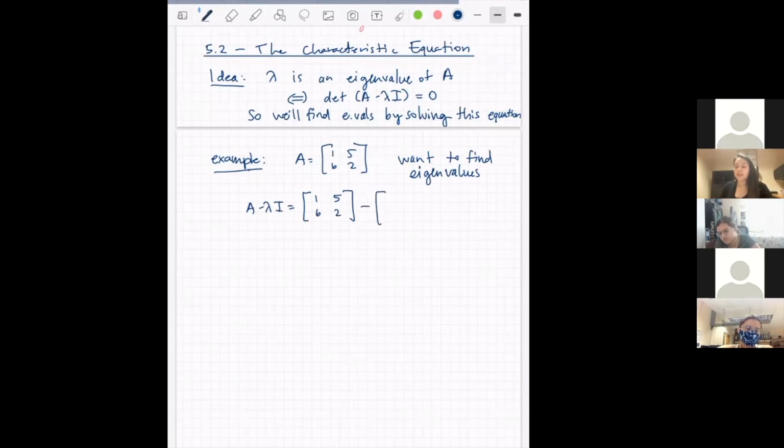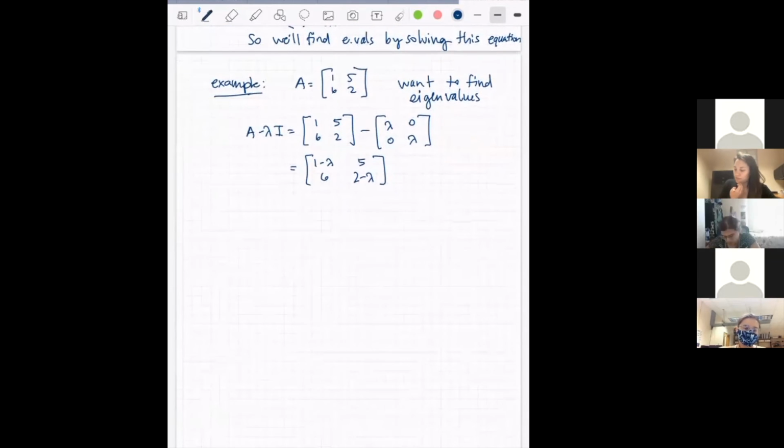Lambda times I is just lambda, 0, 0, lambda, right? And when we combine these two matrices, we get 1 minus lambda in that entry and 2 minus lambda down there. So this is the matrix A minus lambda I for a general lambda, which we don't know yet.